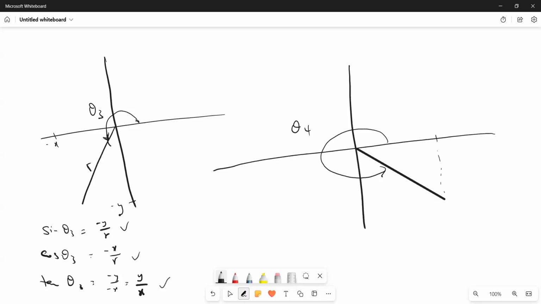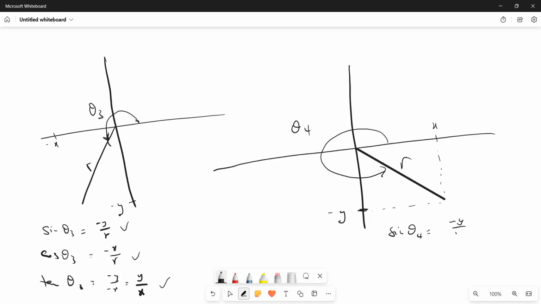Go back there, the associated x coordinate will be positive, the associated y coordinate will be negative. R is always positive. And you get the same theta 4. What would that be?